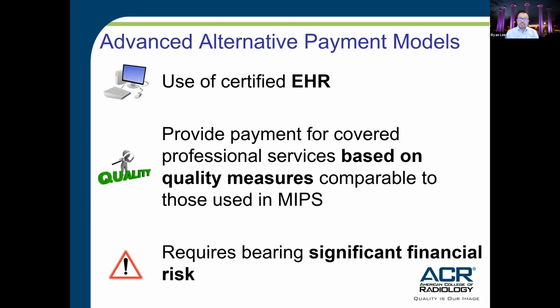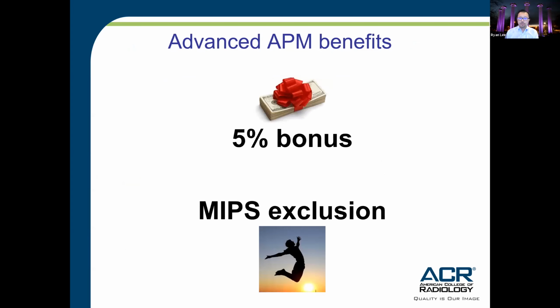And the definition of an advanced alternative payment model is that you have to use an electronic health record, medical records. You have to base your payment on quality measures. And those quality measures are actually very similar to what's described in MIPS. And finally, perhaps the most important part is you have to take a lot of financial risk. So you are sharing that risk with CMS, and that's one of the critical components.